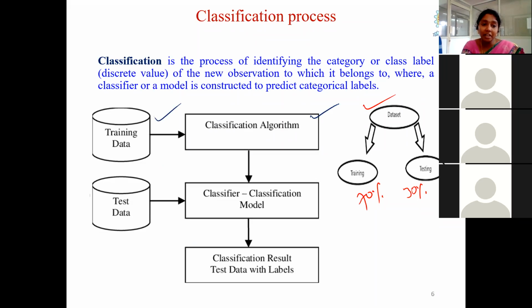After learning from the training data is completed, a classification model is constructed. This model takes the test data as input and produces some labels for the test data. Further, these labels are verified.